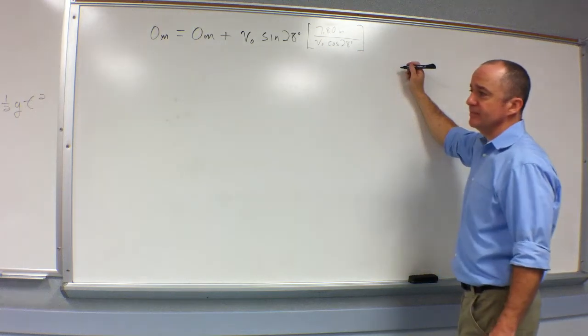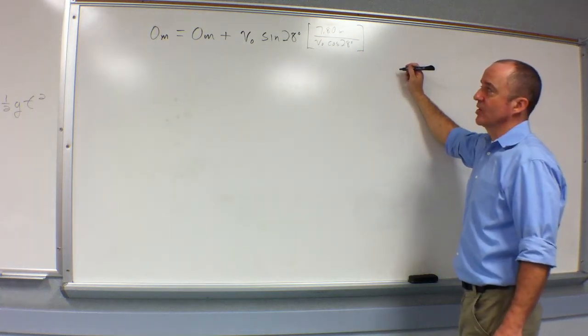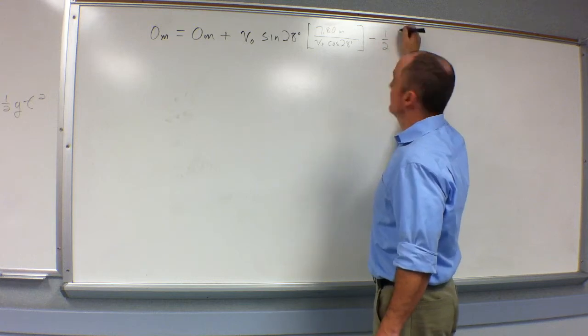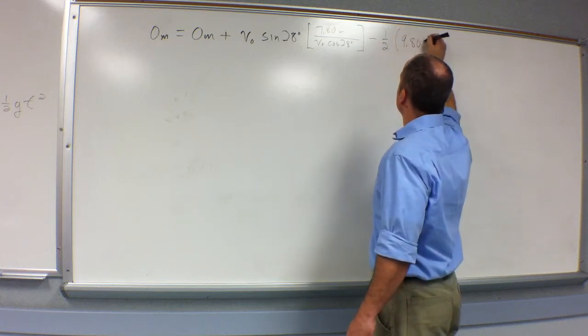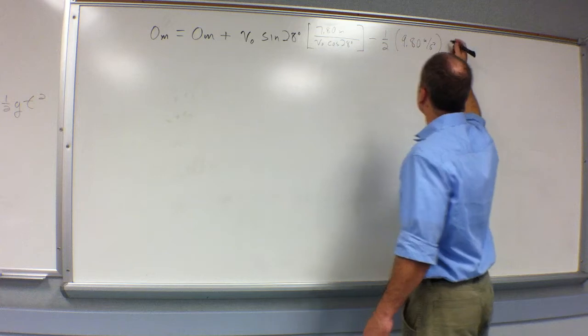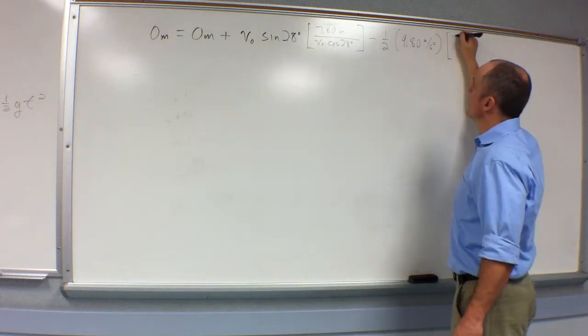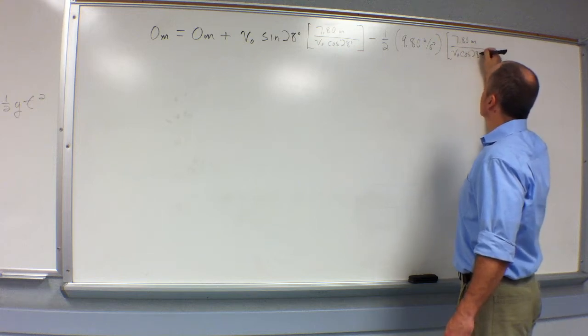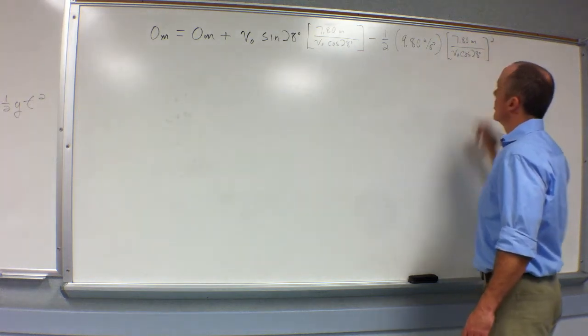Correct? Does that look right? You double checking me, Michelle? I want to make sure I don't mess this up. Well, it's 9.80 meters per second squared. Then in place of time again, 7.80 meters over V initial cosine 28 degrees, whole thing squared.